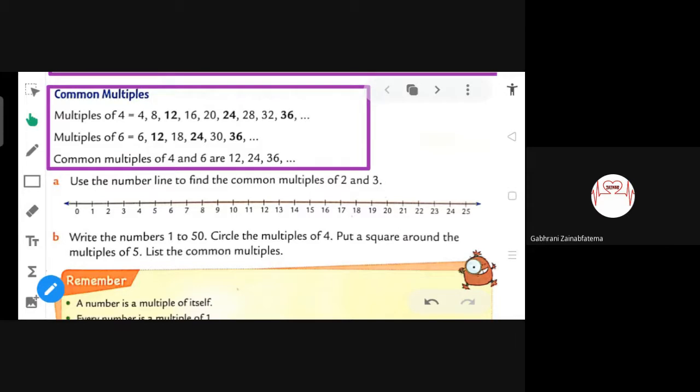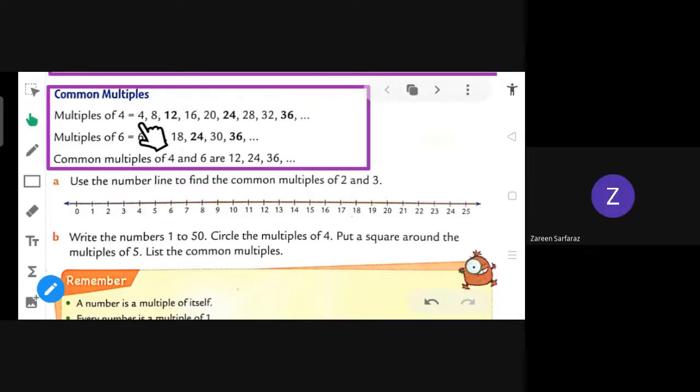So you can see both lists. This is multiples of 4 and this is multiples of 6. In the first list, which is multiples of 4, you can see 4, 8, 12, 16, 20, 24, 28, 32, 36. How did you get these numbers?